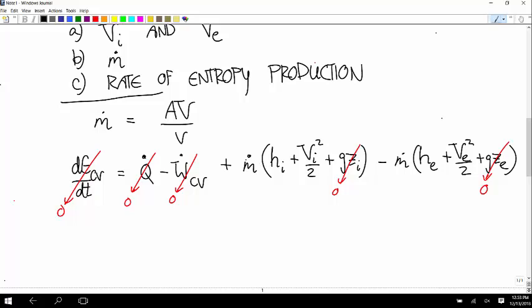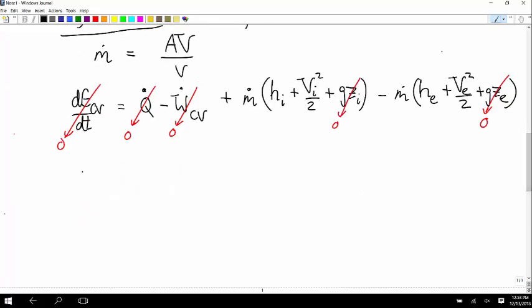We can look up the enthalpy. So a table gives HI and HE. We have the speeds, and so we can use this equation to calculate m dot.